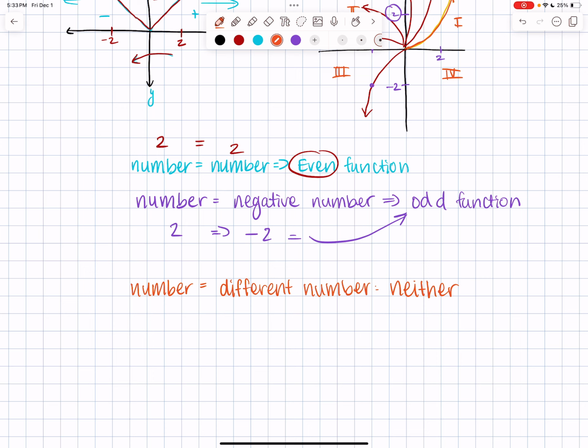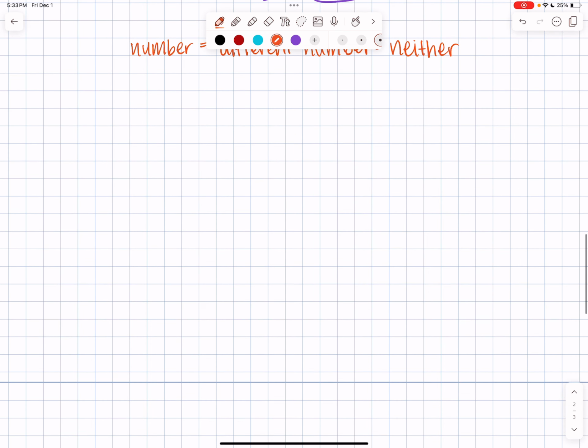Okay, so let's look at some examples with tables. Let's say we had an x table and a y table. Let's just create that table. So let's say we had -2, -1, 0, and 1 for x. And on the y, we have 3, 0, -1, 0.